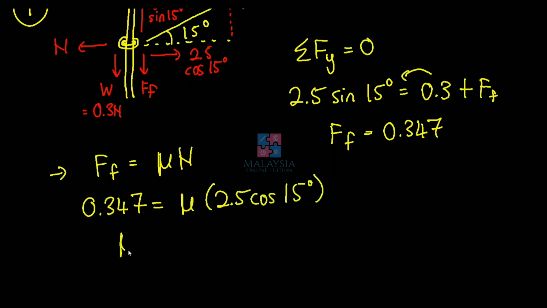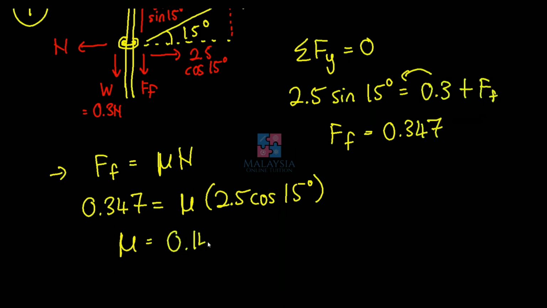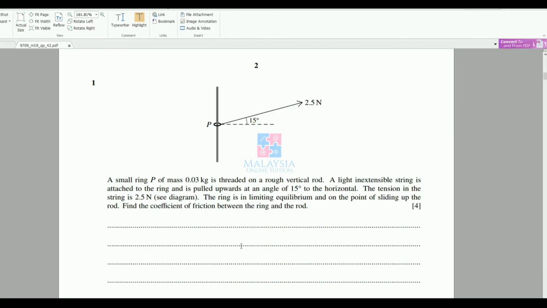So straight away, our mu will be equal to, divided by 2.5 cos of 15 degrees, and that will be 0.144, correct to 3 significant figures for the final answer for your value of mu. And this will be the final answer for question number 1.